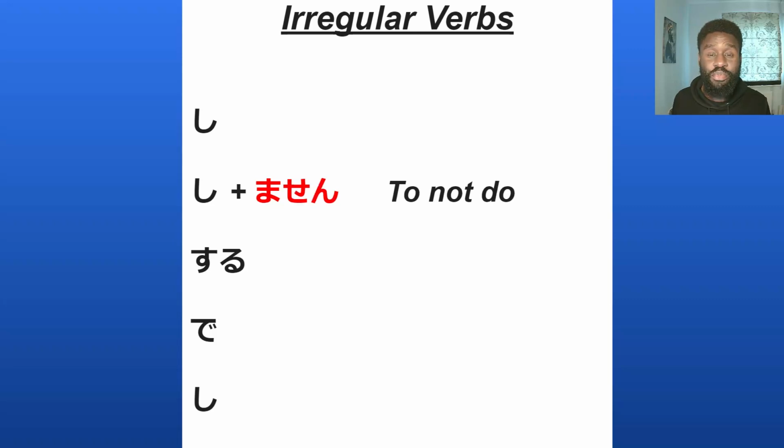To create the polite negative form of the verb, we use the second row and we add masen. And this creates the polite negative form of the verb.